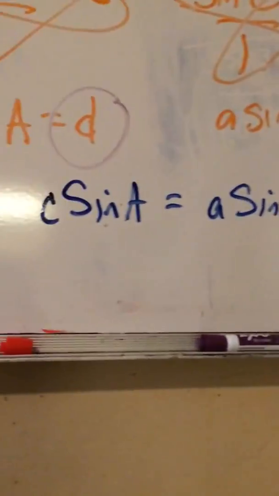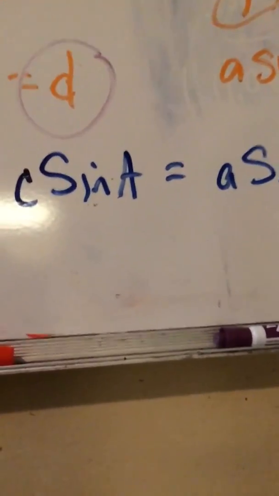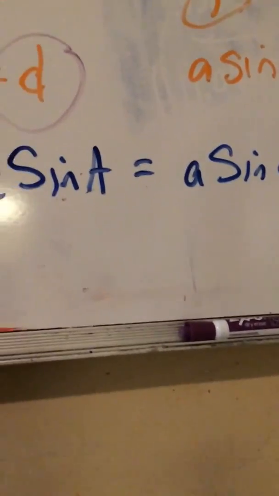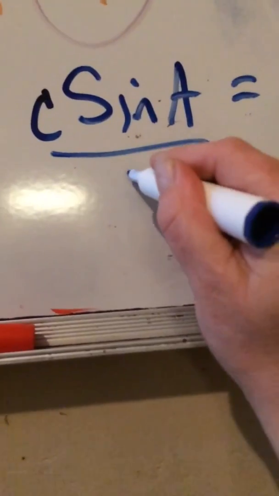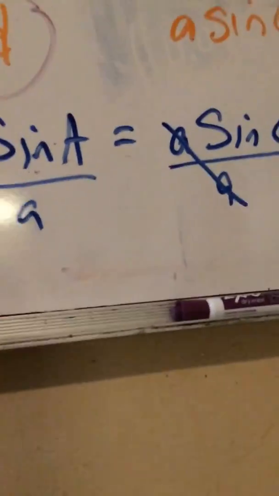Well, that means c sine of A has got to equal a sine of C. If you're with me so far, it's looking good because we've almost proven the law of sines. If I divide both sides by little a, my a cancels out.